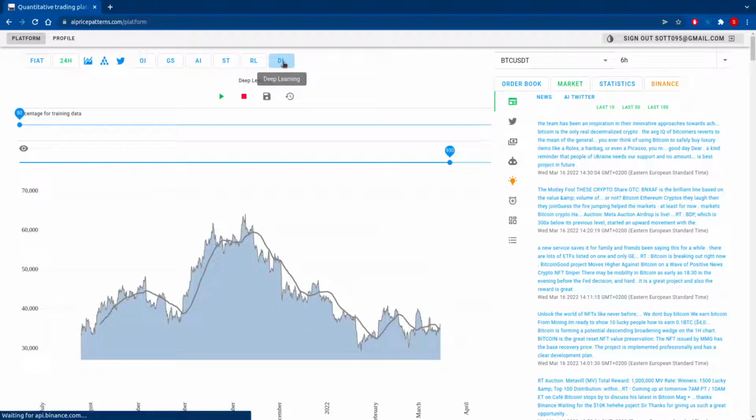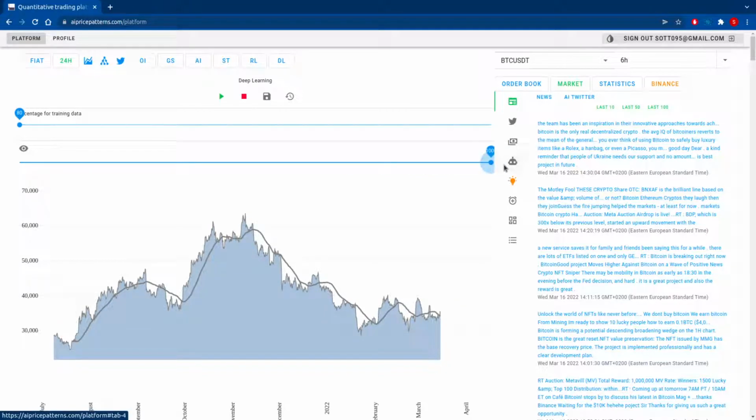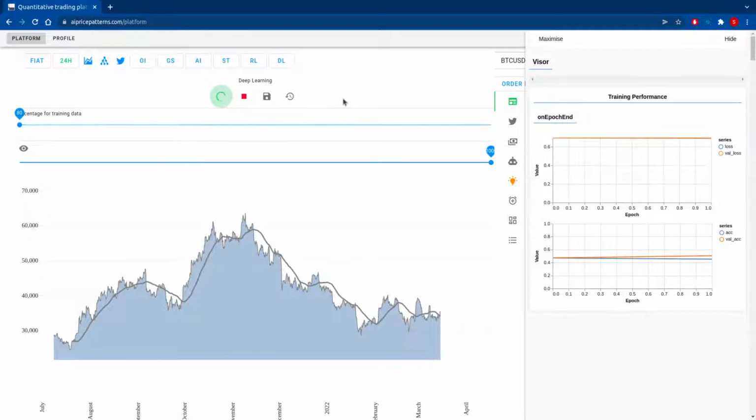Also, using this approach, we could use deep learning. Let's analyze and create a deep learning model to understand. We take the last 50 bars to analyze this situation using artificial intelligence.